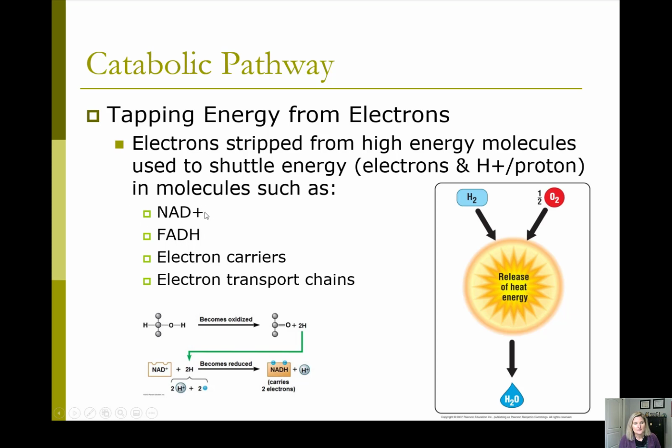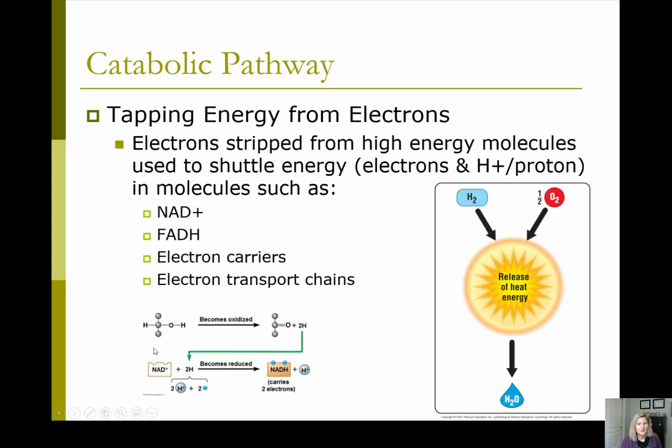The initial molecules that are used, we actually have two of them. We have something called NAD plus as well as FADH. So what ends up happening when we have a reaction, okay, this NAD plus is going to end up gaining electrons, and as it's gaining electrons, it changes form.